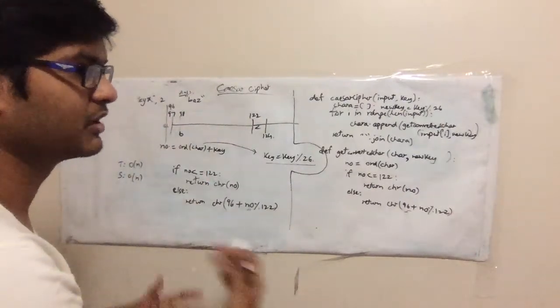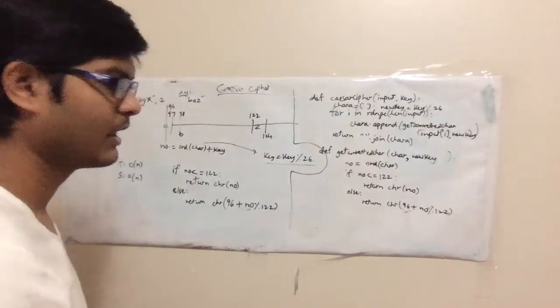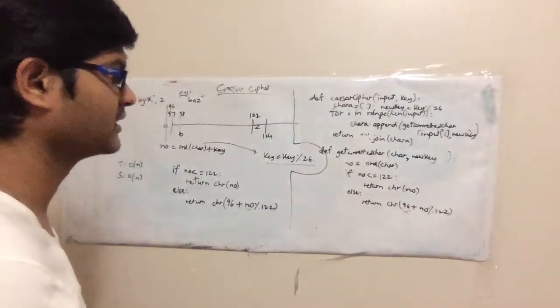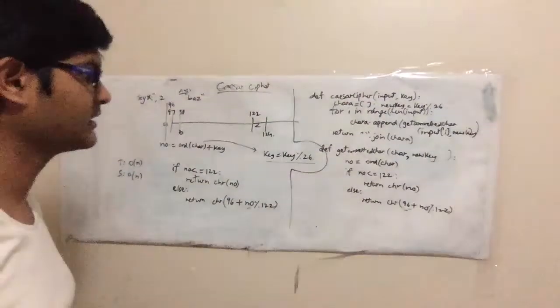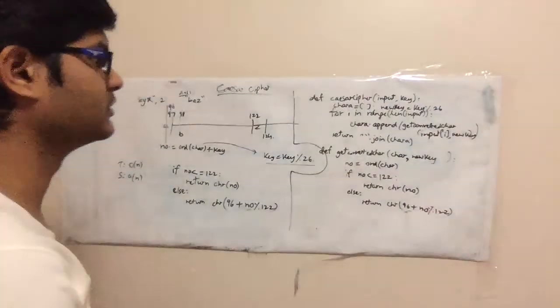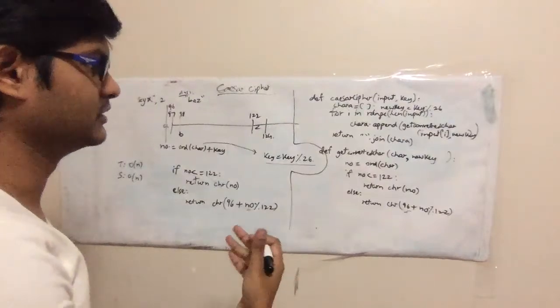But if you got some Greek alphabets, in that case we need to create our own mappings. For making that, what we can do is we just need to create a new one.